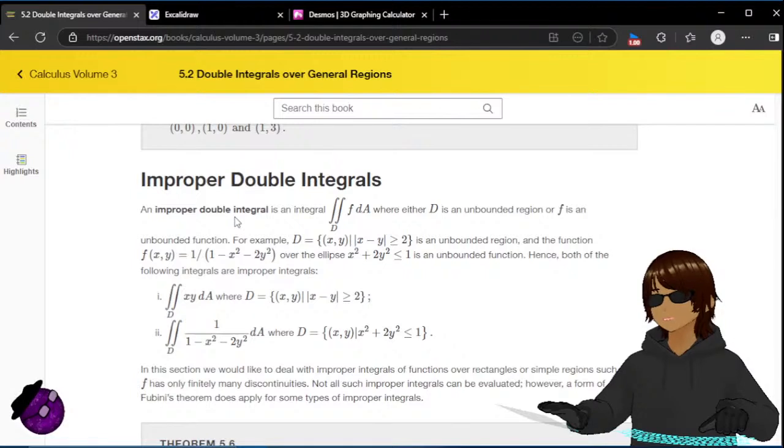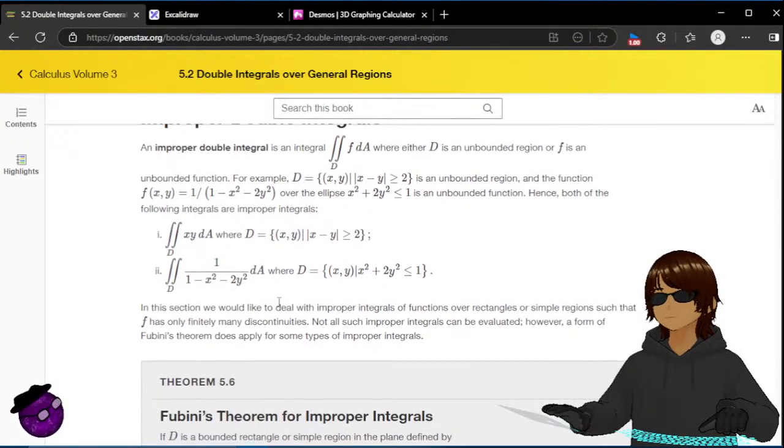Improper double integral. An improper double integral is an integral where either D is an unbounded region or f is an unbounded function. For example, this region, x above or equal to 2, is an unbounded region, and the function over the ellipse is an unbounded function. Hence, both of the following integrals are improper integrals.